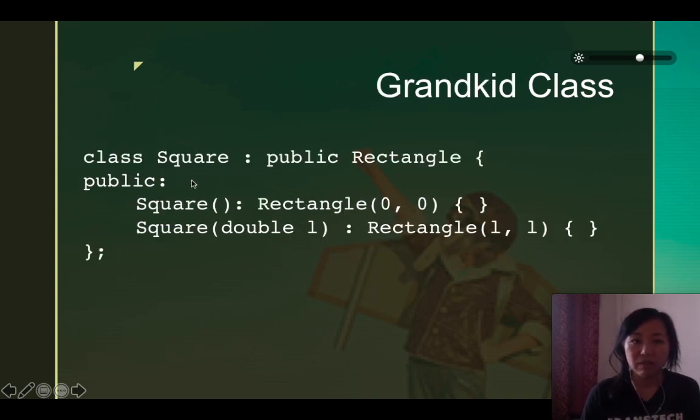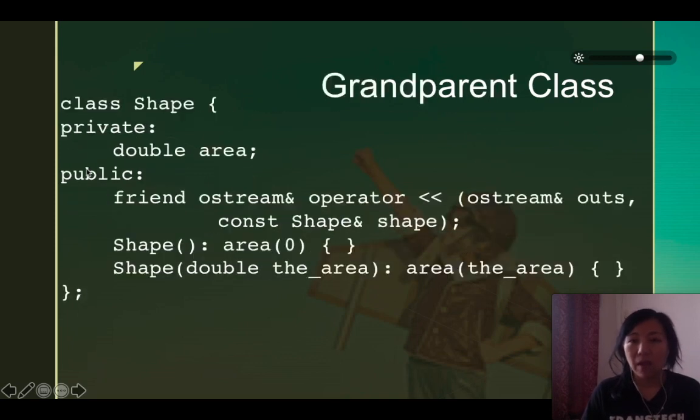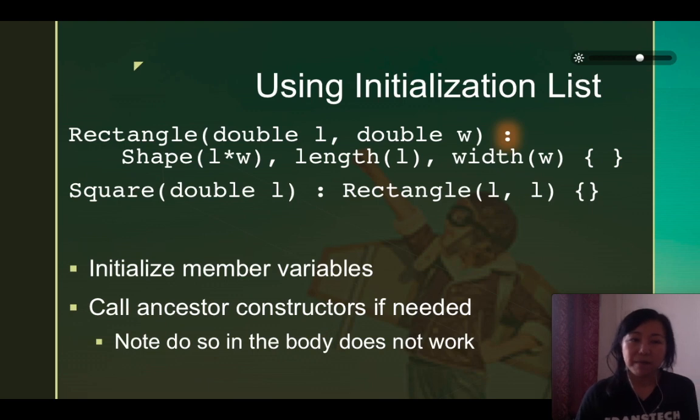In the case of square, like we also talked about, we would pass in the length of the side of the square, and then we just call the constructor of rectangle, and we are done because we don't actually have any member variable here. Go back to that slide.